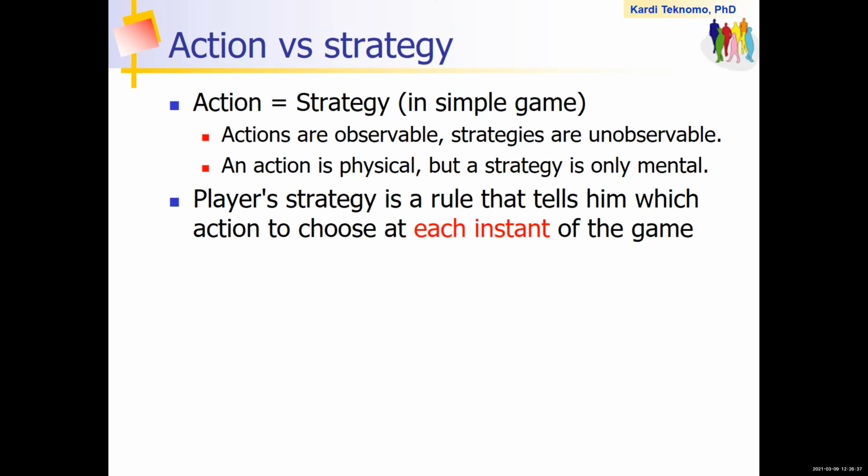Action is actually strategy in a simple game. Action is observable, but strategy is not observable. Action is physical, and strategy is only mental. Now a player's strategy is a rule that tells him which action to choose in each instance of the game. So in our game theory, we will say action equals strategy.